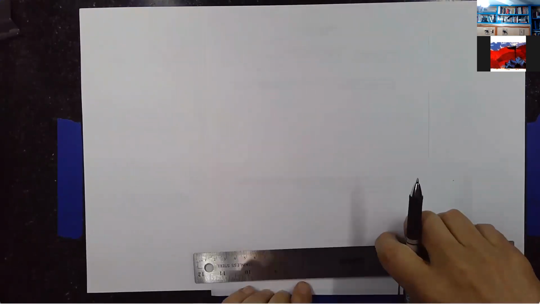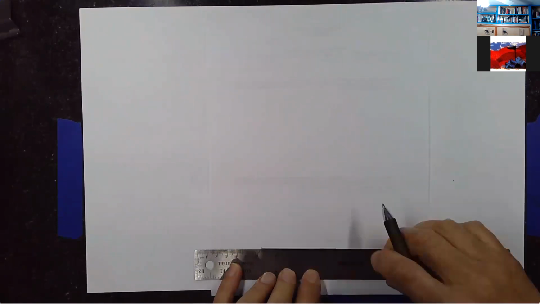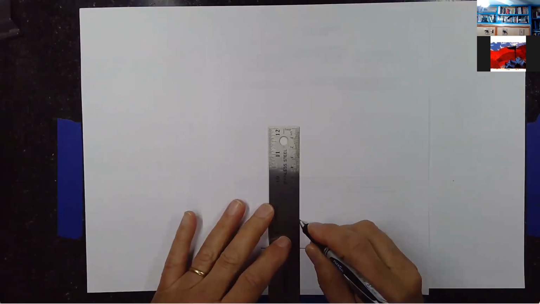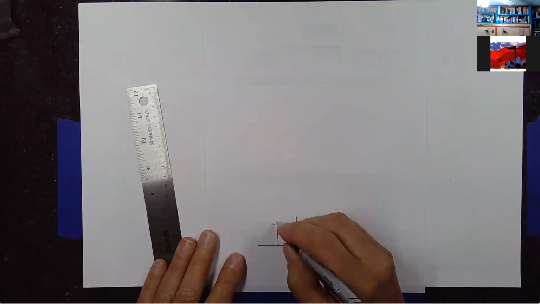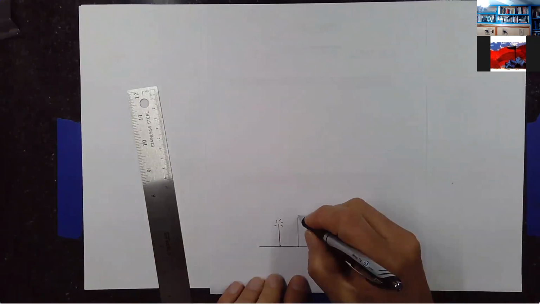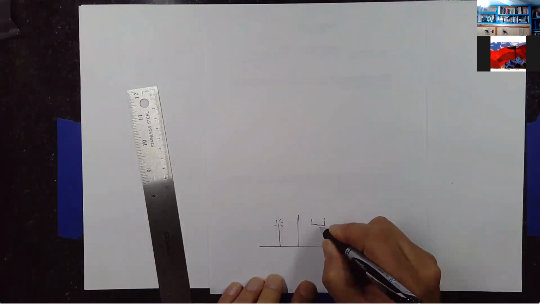The way this clock will work is that you're going to have a light source, which can be something like a strobe light that flashes every so often. Then there's going to be a photocell over here.